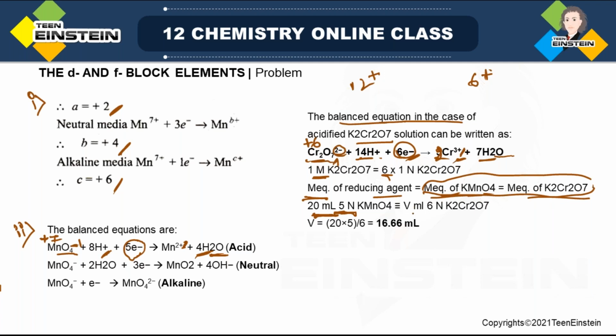So we have written V ml 6 normal. So 20 ml 5 normal KMnO4 is equivalent to V ml 6 normal K2Cr2O7. If we want to know the volume V, it will be 20 multiplied by 5 divided by 6, and the answer is 16.66 ml. This is the answer for the third part.